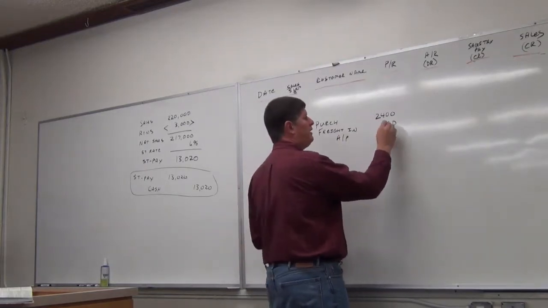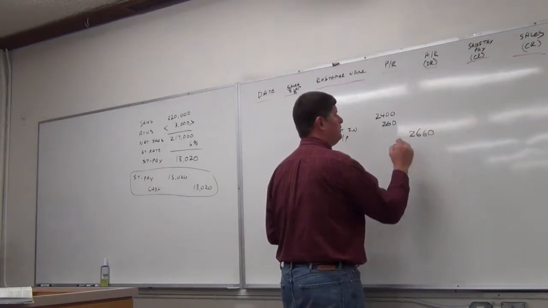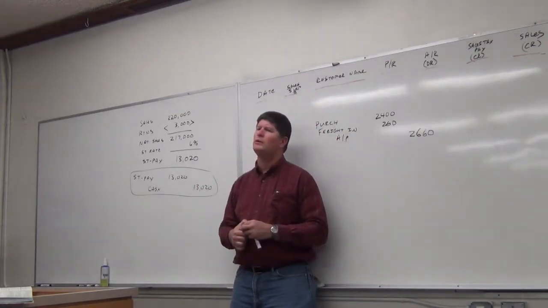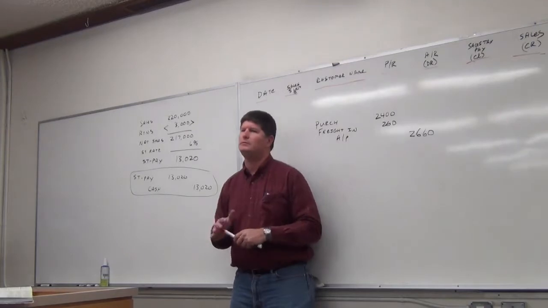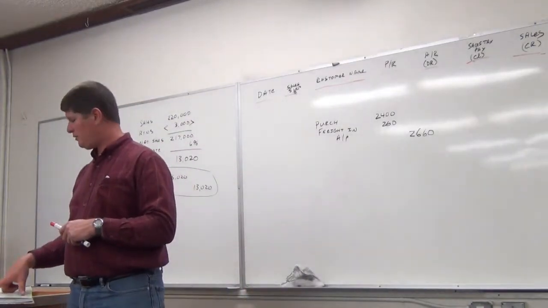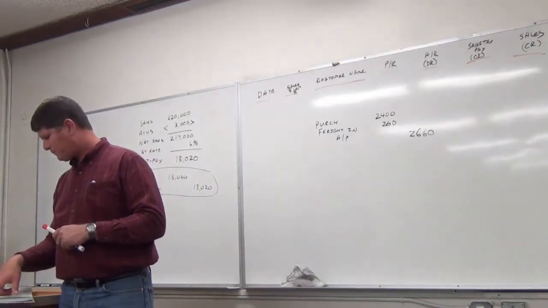Accounts payable is my credit then for $2,660. Everybody follow that one? Questions, answers? Okay. Are we good with these? Specific one you want to do, or can I skip one? Do the next one. I'm just starting to grasp it.